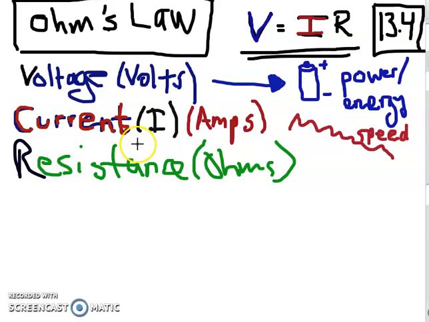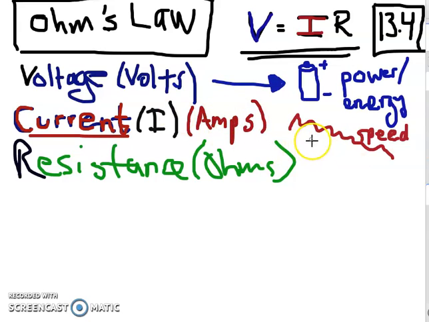Then the current itself, current is a very easy concept to remember because you can just think of a river. The current carries the water particles through it, and we can talk about current in terms of the speed, or maybe we could count the number of water particles flowing past us to determine the speed.